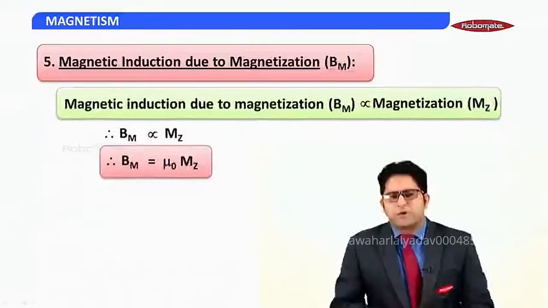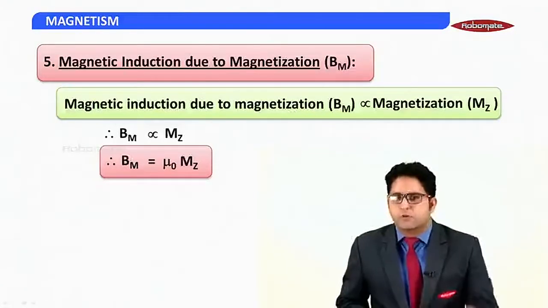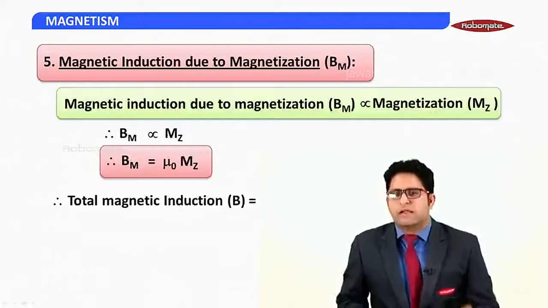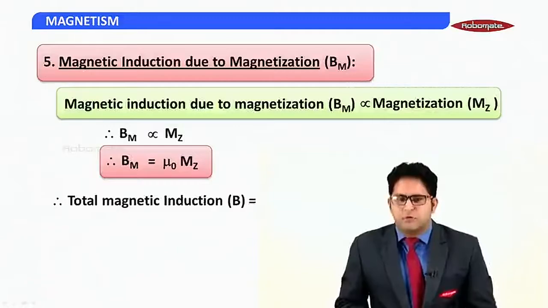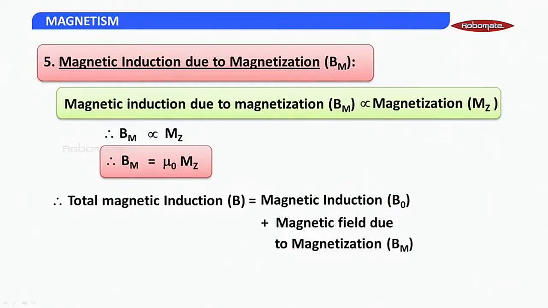Now what can you say about the total magnetic induction for a solenoid? Total magnetic induction B is equal to magnetic induction B naught, which is produced because of the current carrying solenoid, plus the magnetic induction due to magnetization, which is produced inside the material.